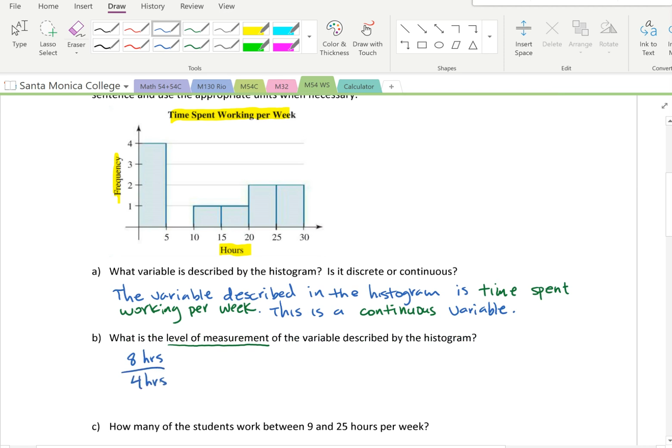Then the first student works twice as long as the second student. So division makes sense here. I can say student 1 works twice as many hours as student 2. So therefore the level of measurement here is ratio. The level of measurement is ratio.